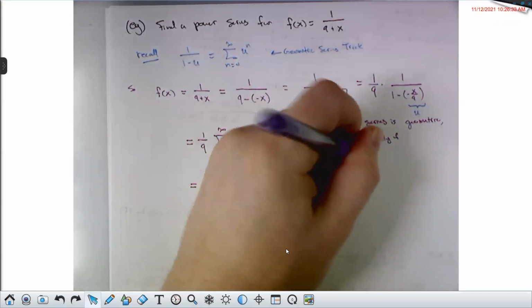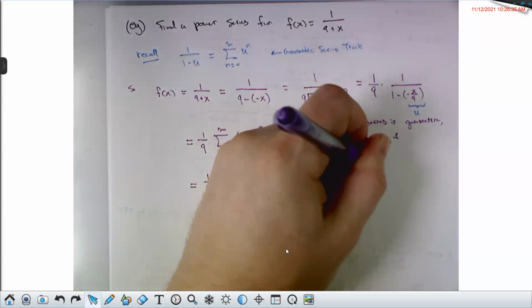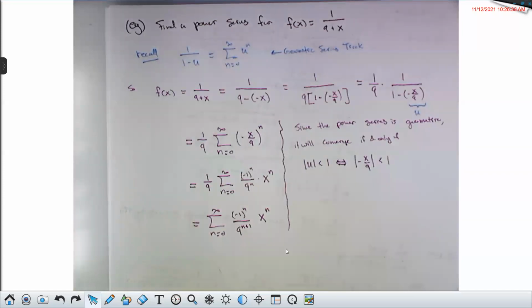Which means the absolute value of negative x over 9 must be less than 1.